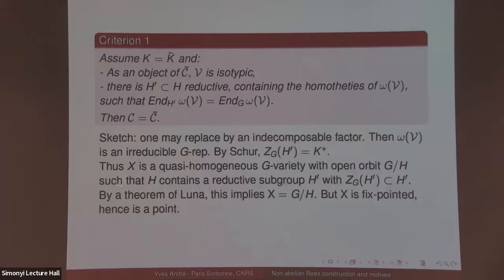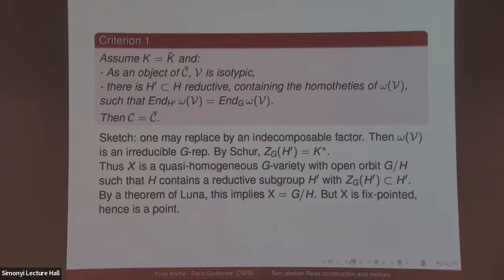Thus, we have a quasi-homogeneous G variety with open orbit G over H, such that H contains a reductive subgroup H dash with the property that the centralizer in G of H dash is contained in H. And here, this is the theorem of Luna, that this implies that X is G over H.